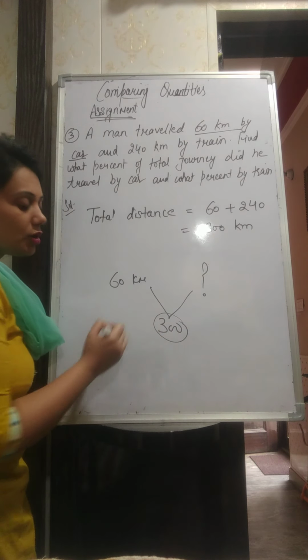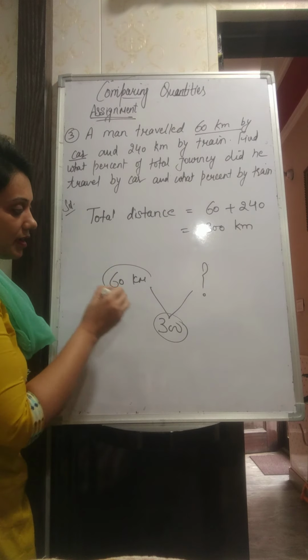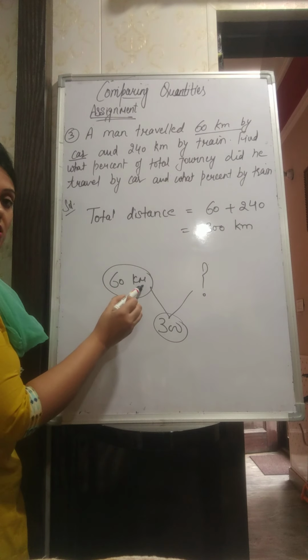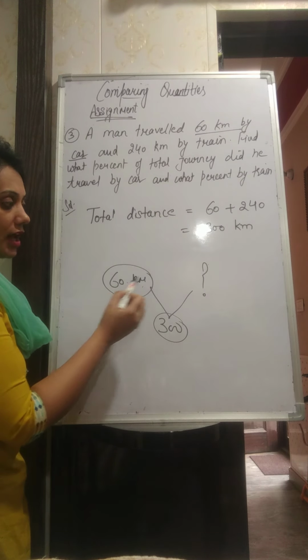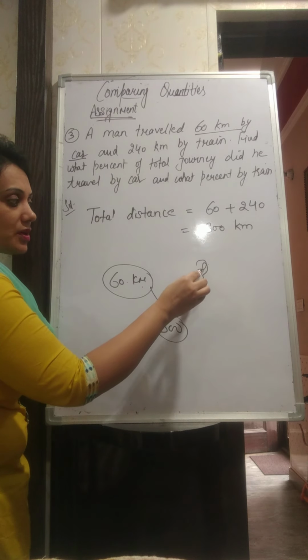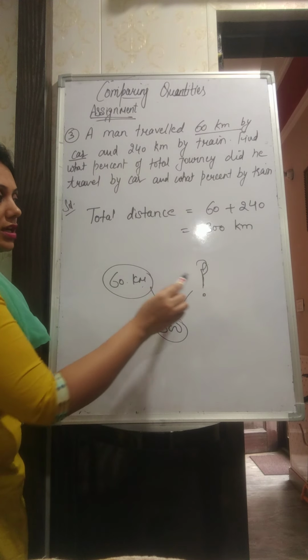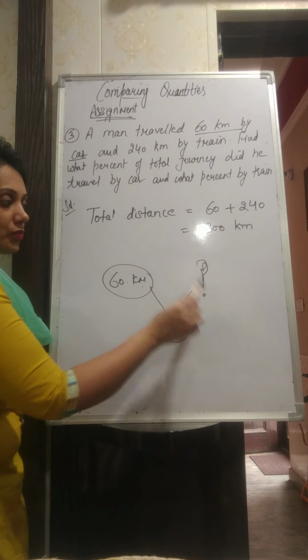Total is 300 kilometer, distance covered by car is 60 kilometer. We have to tell what is the percentage which he is covering by a car.